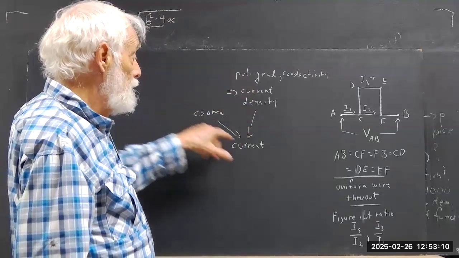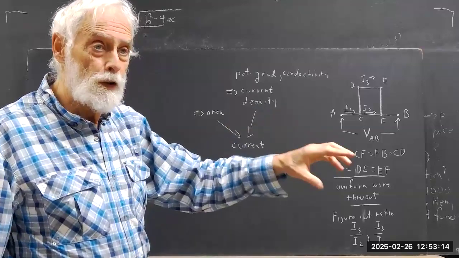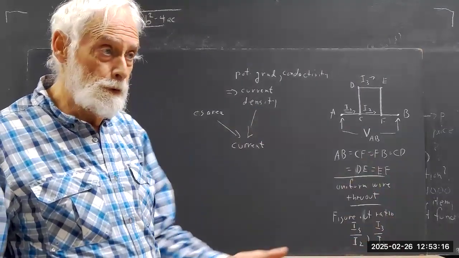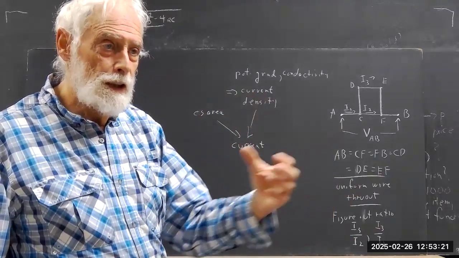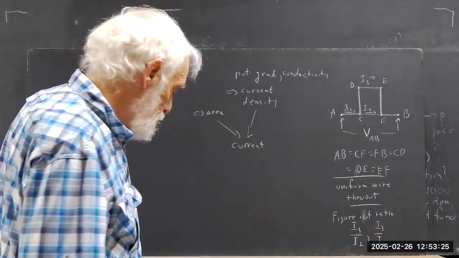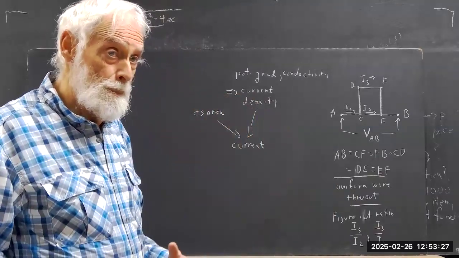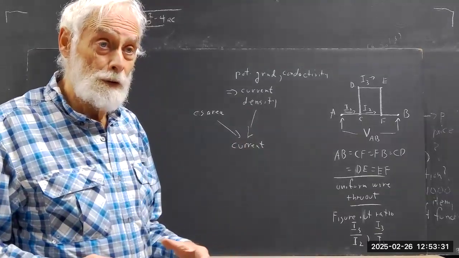So this requires some thought, some understanding, and not just a series of formulas. Although there are formulas you can put together, it's much easier to get the idea and use the idea to figure out your proportionalities. And that's higher level thinking. Not that combining all the formulas isn't high level thinking.